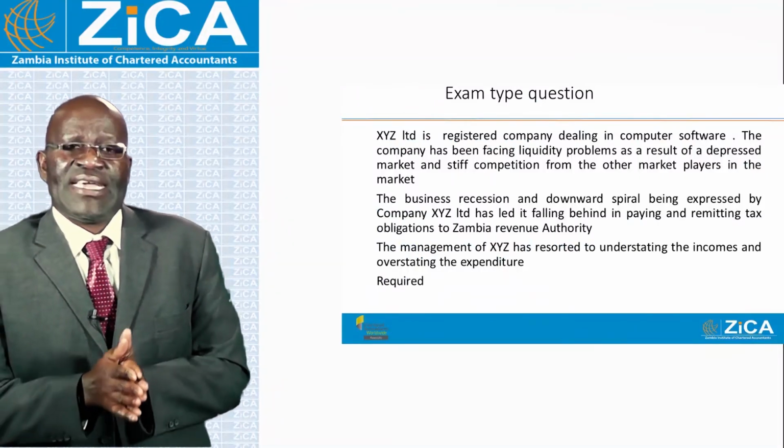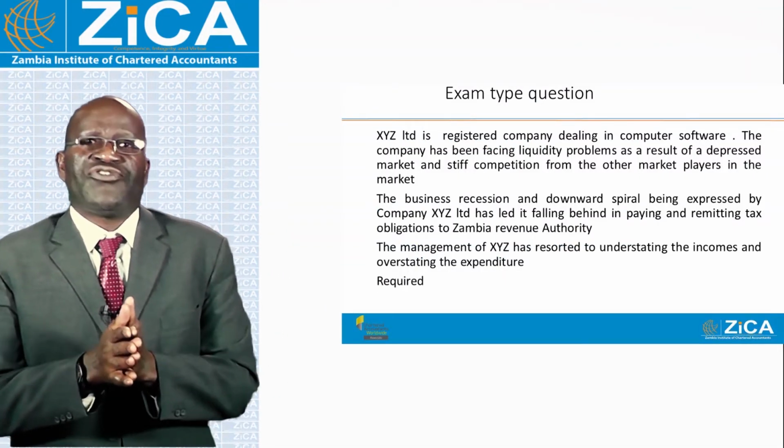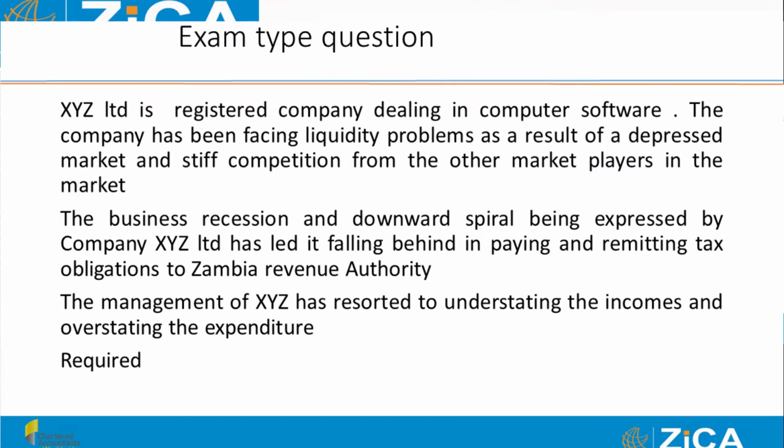Let's try to look at an exam type of question which can help us to see how we can approach this type of question. Let's look at XY Limited, which is a registered company dealing in computer software. The company has been facing liquidity problems as a result of depressed market and the stiff competition from the other players in the market.